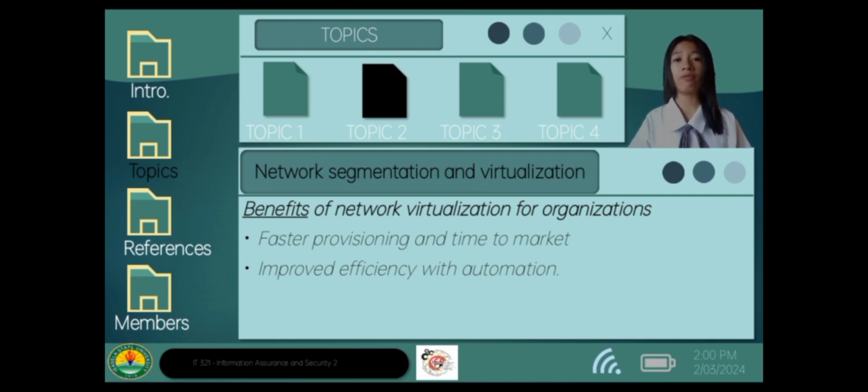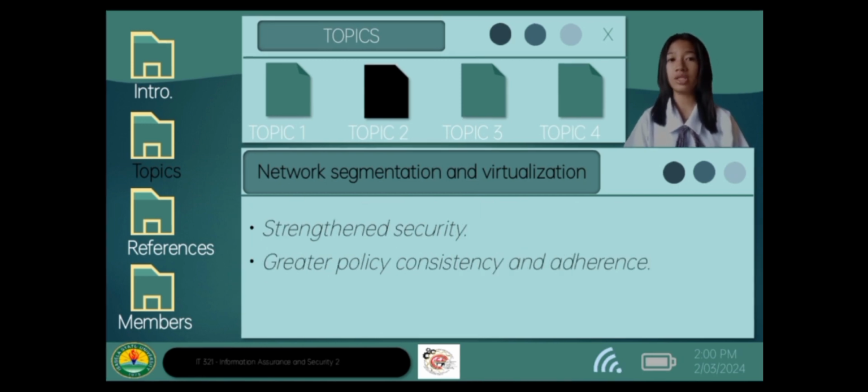Instead of manually doing these tasks, the software takes care of them automatically. Then, strengthened security enhances security by isolating virtual networks within physical infrastructure, preventing unauthorized access, and securing communications between resources with enforced policies.